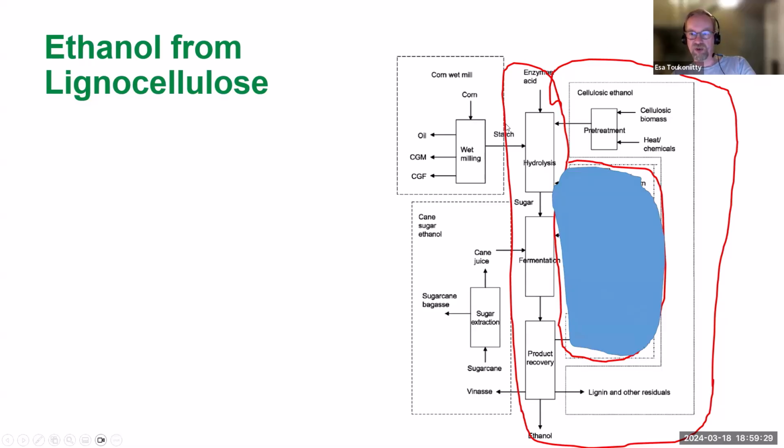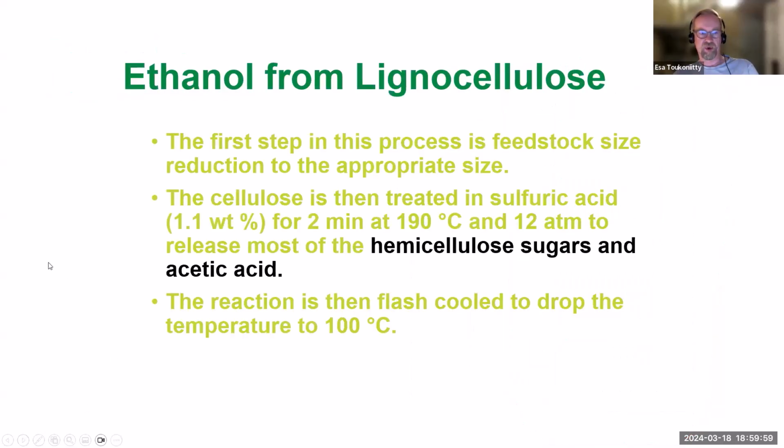I have tried to illustrate it in the big picture. So there is the cellulosic biomass that goes through the pre-treatment to make it more accessible to hydrolysis conditions. Once after hydrolysis, the formed sugars are fermented, and then the ethanol is separated, distilled, and that's the process.